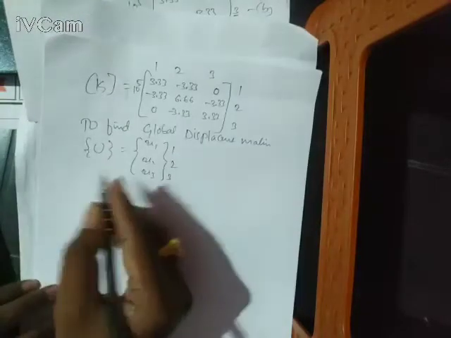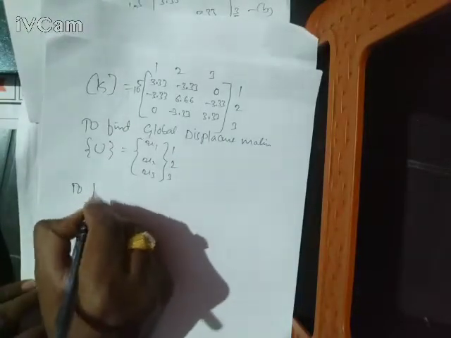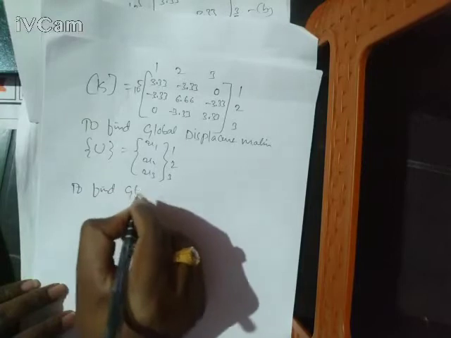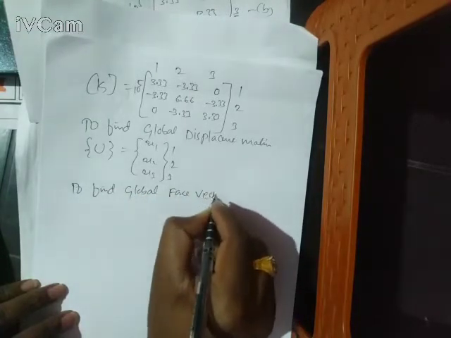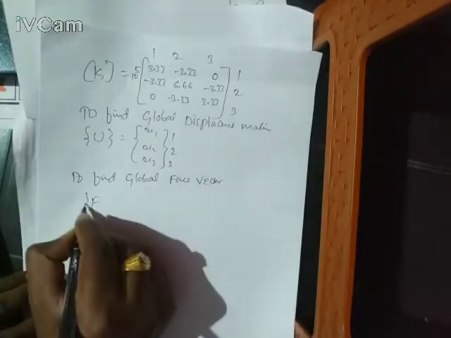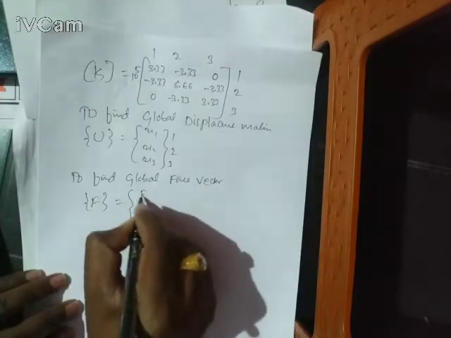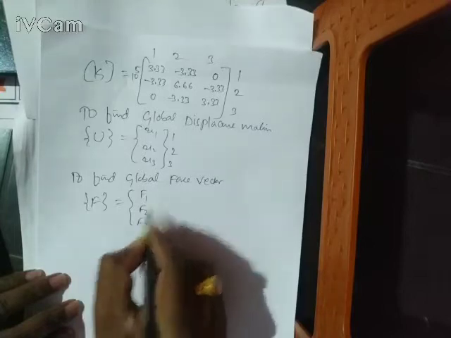Fine. Next our aim is to find the global force vector values. So F is equal to what? F1, F2, F3. See, look at here friends.